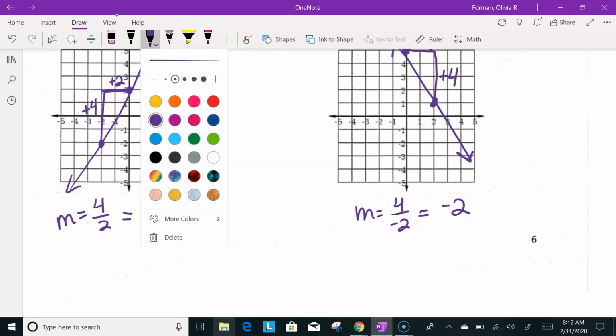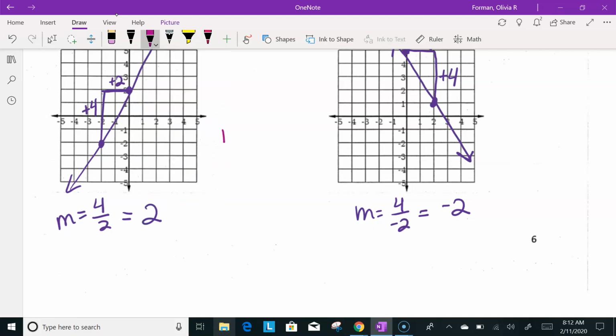So when it says which one is steeper, they are both the same steepness. One is just positive, one is negative. Okay, so page 7.